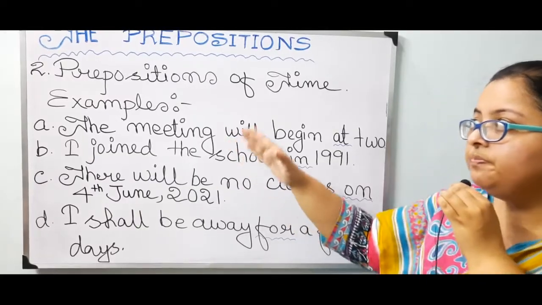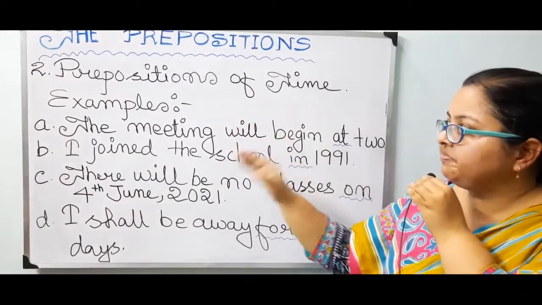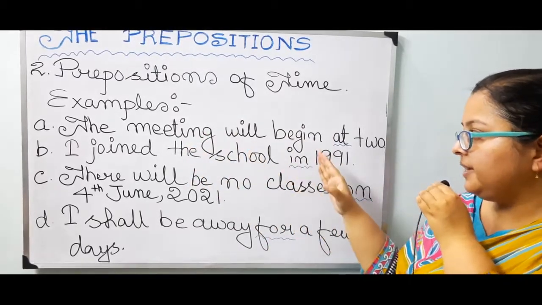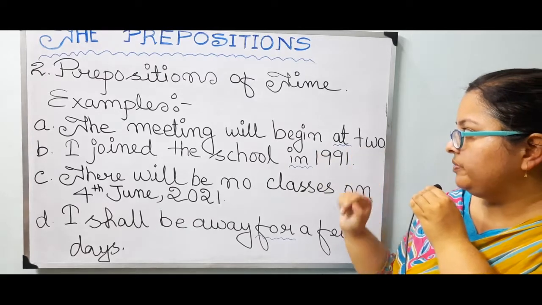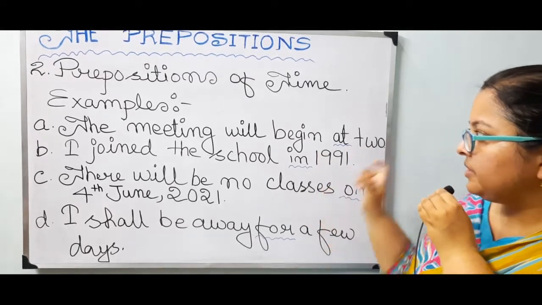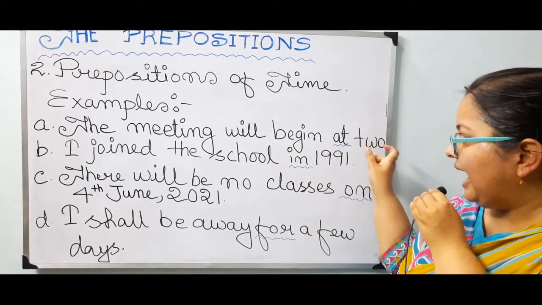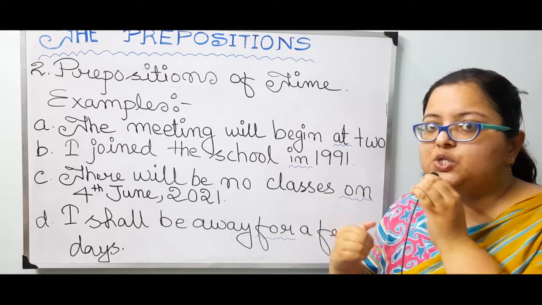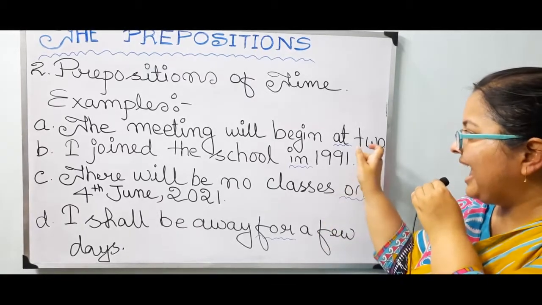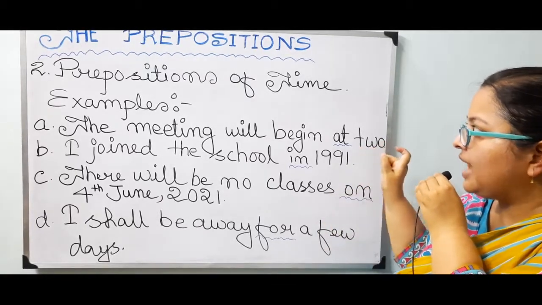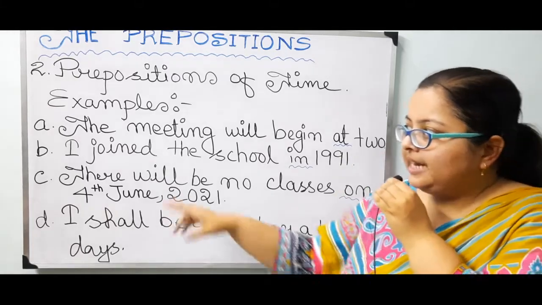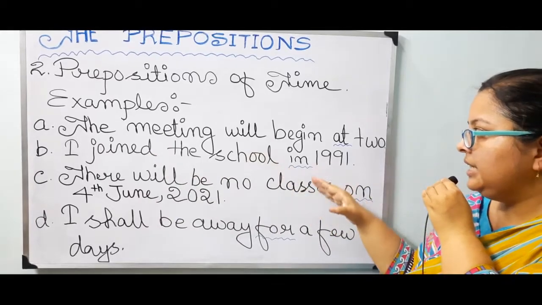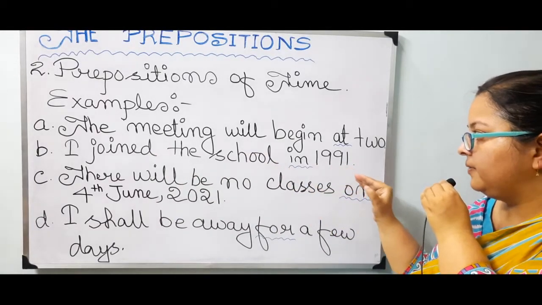Now number 2, prepositions of time. Examples. Number A, the meeting will begin at 2. So over here, basically at 2 p.m. suppose the meeting is going to begin. So at 2, specific time is being shown over here. Next, number B, I joined this school in 1991.